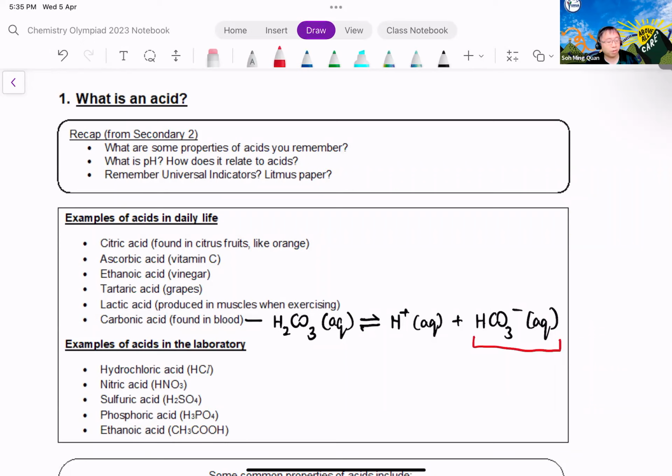It produces what we call the HCO3- ion, otherwise known as hydrogen carbonate or bicarbonate ion. So this is one of the ions that is in the Pure Chem syllabus, HCO3-, the bicarbonate ion. But many students tend to overlook this. All right. So please, let's take this down.